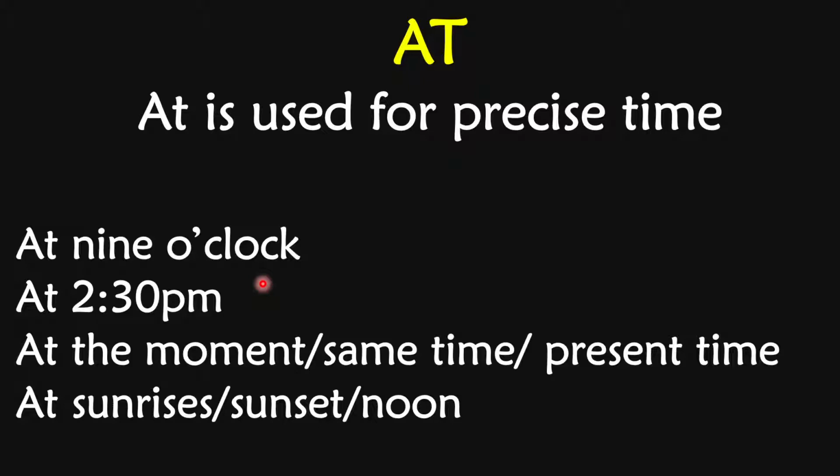That is, at 9 o'clock, at 2:30 p.m., at the moment, at the same time, at the present time, at sunrise, at sunset, at noon. So it is basically used for precise time. At is the preposition which we use for precise time, like this.